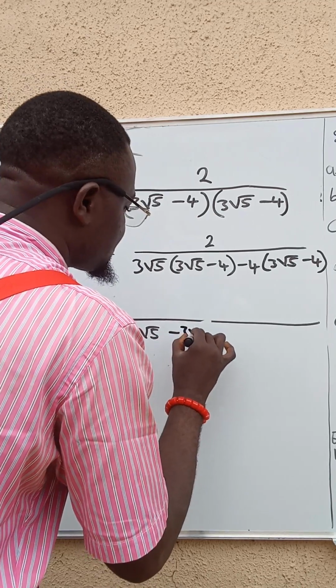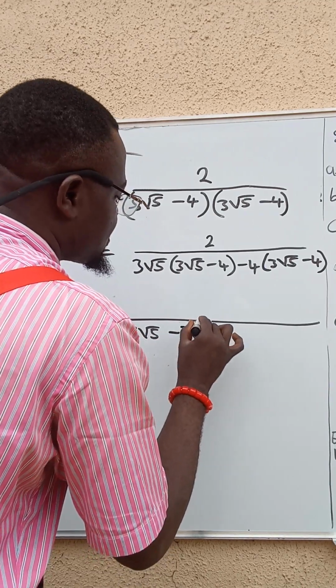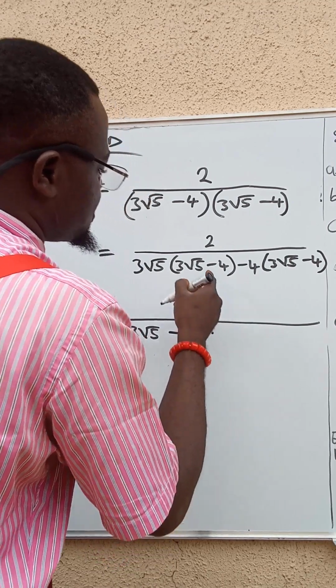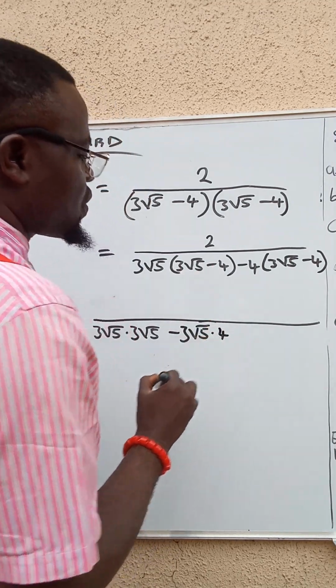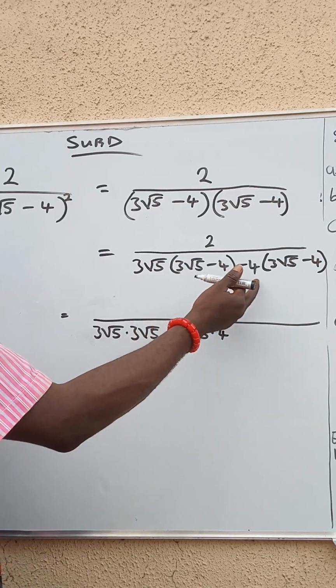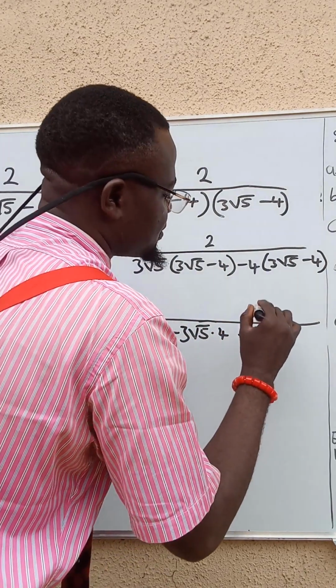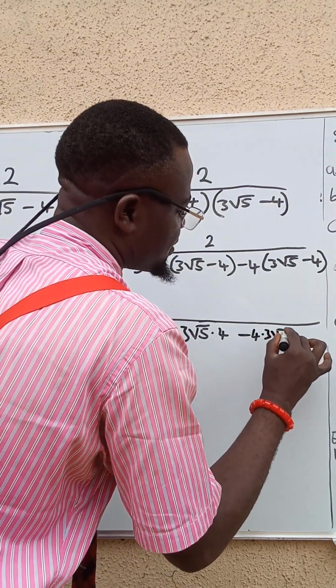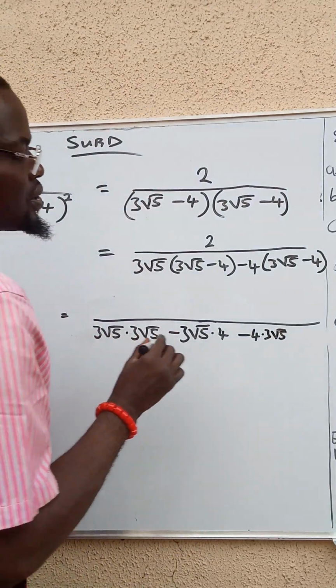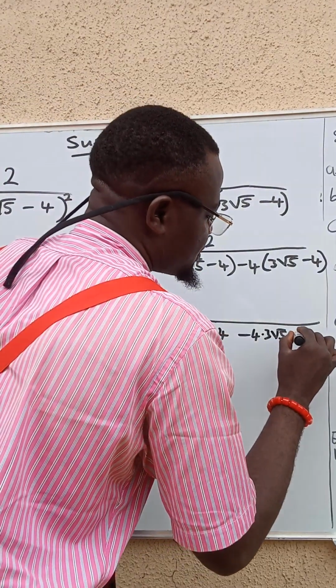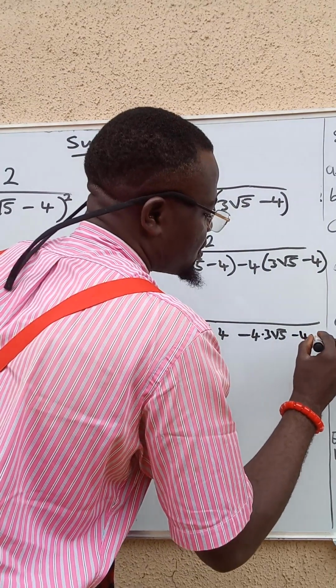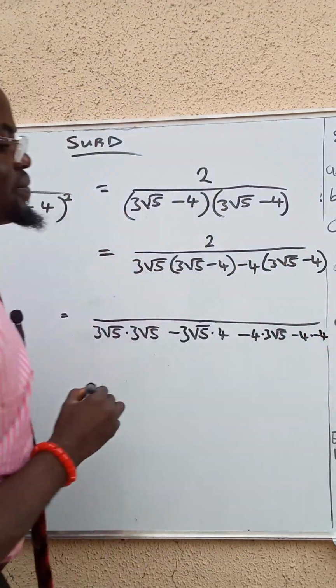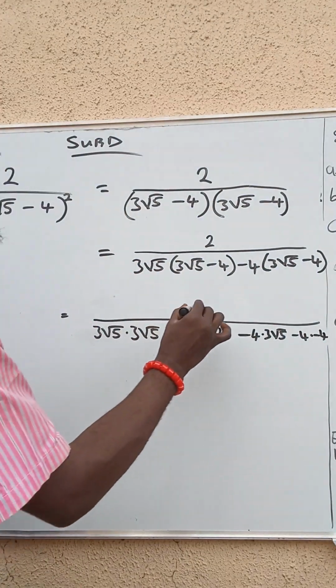I have 3 root 5 dot 4, minus again 4 dot 3 root 5, minus 4 dot minus 4.